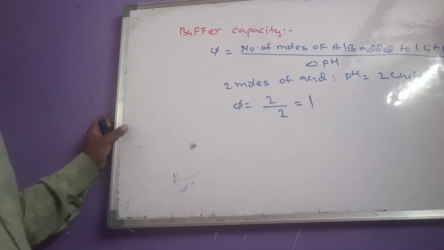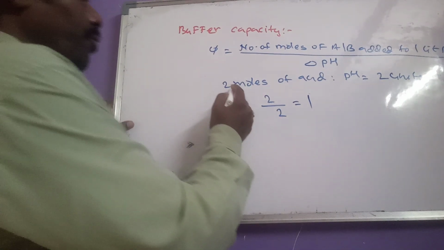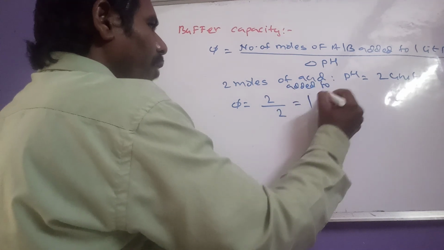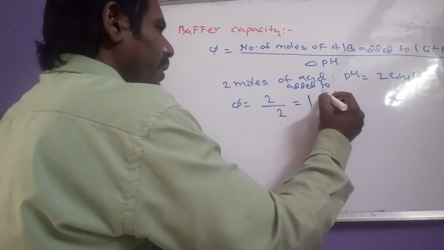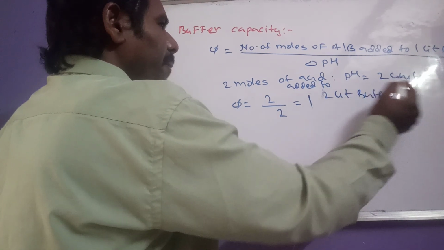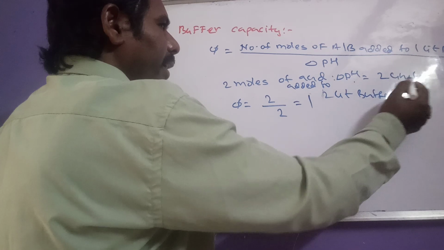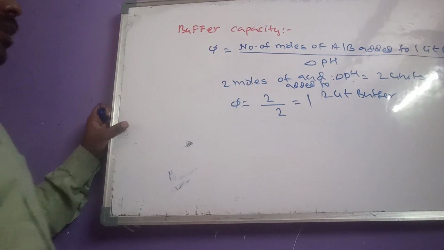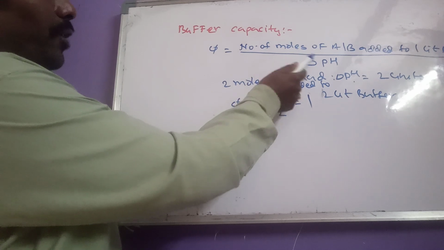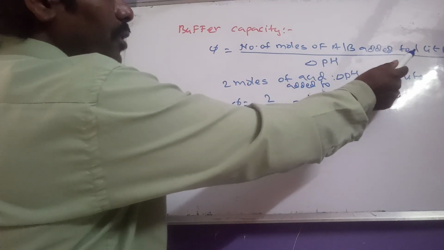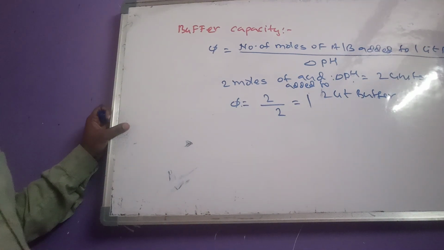The same question may be given like this: 2 moles of an acid added to a 2-liter buffer. Change in pH value, delta pH, is 2 units. Now what is the buffer capacity? As per the formula, we have to consider the number of moles of acid or base added to 1 liter of buffer.